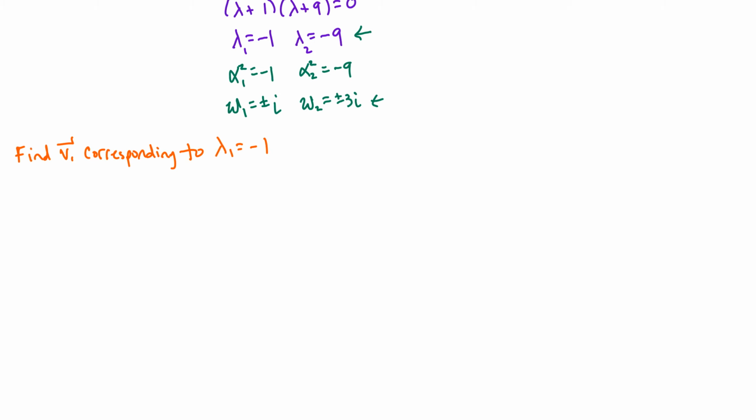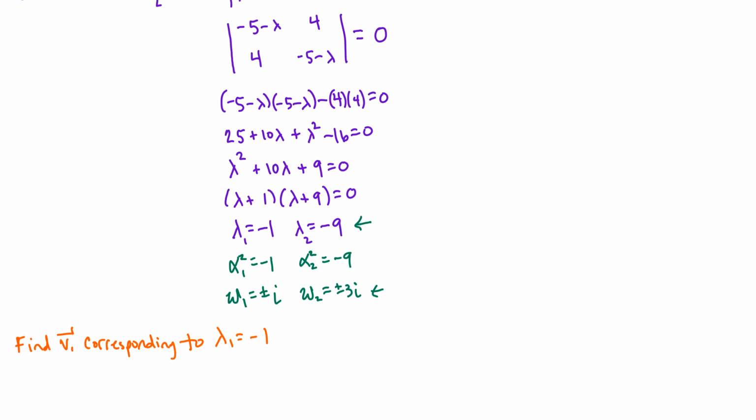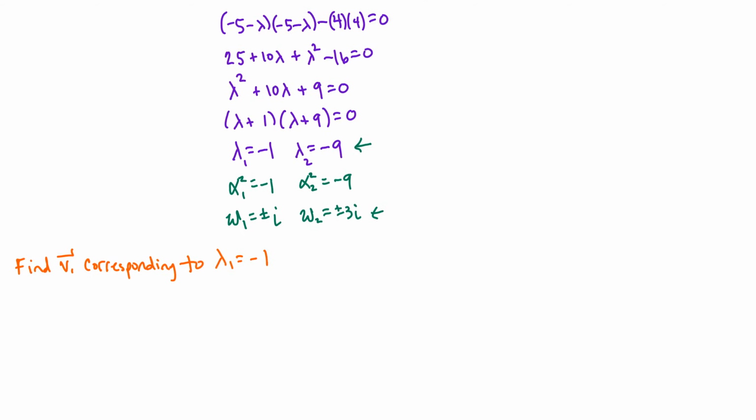Now, remember, the way that we do this is going to be the same as it was in our previous section. We're going to use our eigenvalue -1, and we're going to plug it into our matrix A minus lambda I multiplied by V equal to 0.